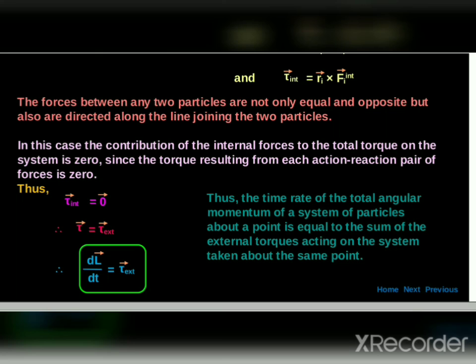Since the resulting torque of each reaction pair of forces is zero, you can write dL by dt is equal to the external torque, and the time rate of change of the angular momentum of the system of particles about the origin is equal to the sum of the external torques acting on the system.